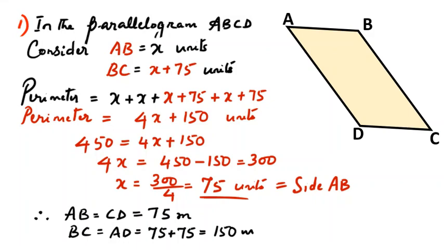So that is what is done and the answer is like this. Perimeter agrees. See, perimeter they have given 450. So 75 plus 75 plus 150 plus 150. See, it matches. The answer matches with the perimeter we are getting using the value which we got.